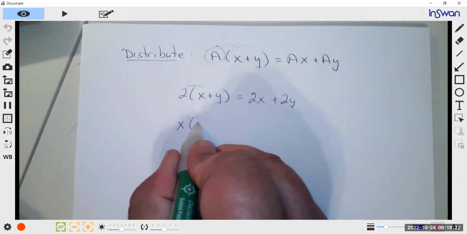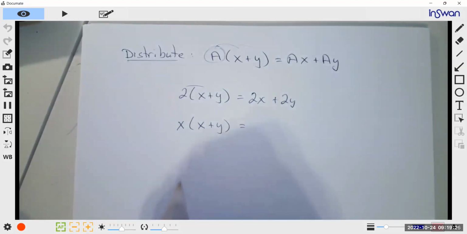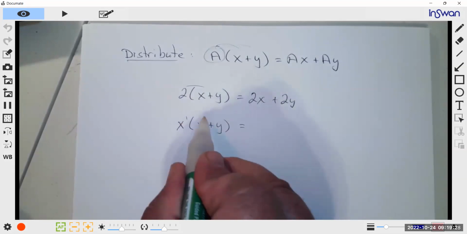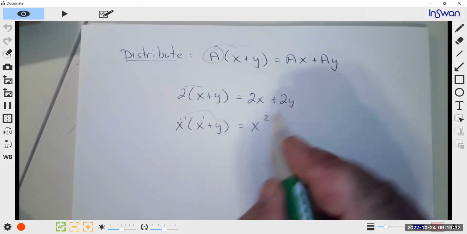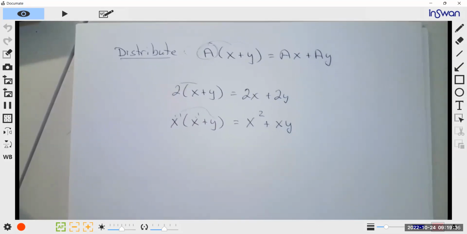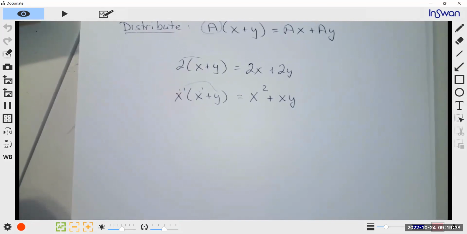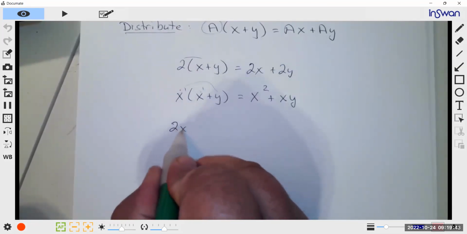If it's a variable, x times x, there's both ones. There's 2 x's, so x squared. X times y is xy. So that's what happens if it's a combination of both.